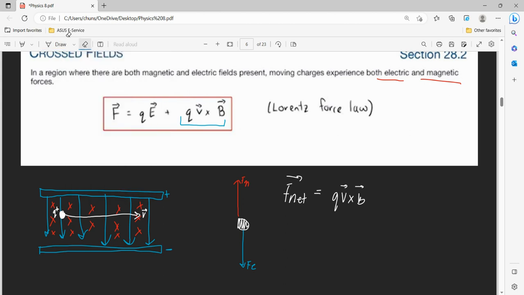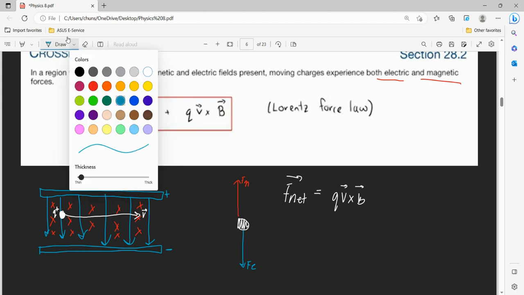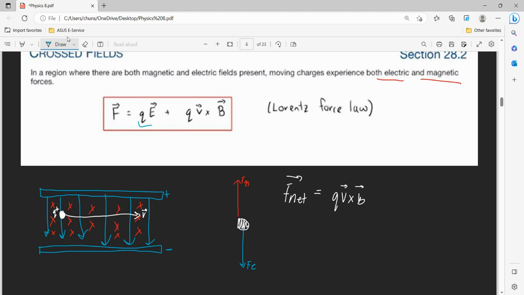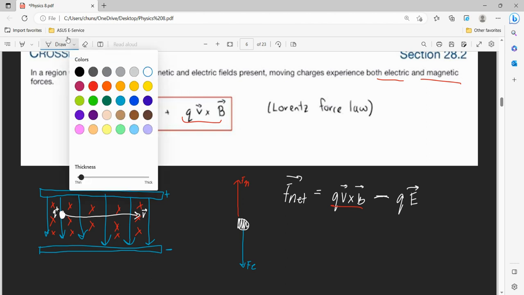Sorry, let me switch around the colors here. And this is minus, since it's in the opposite direction, our electric force, which is Q times our electric field.